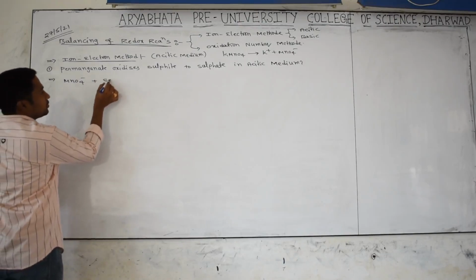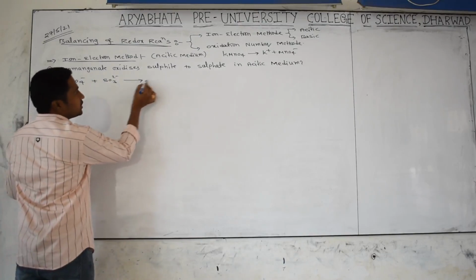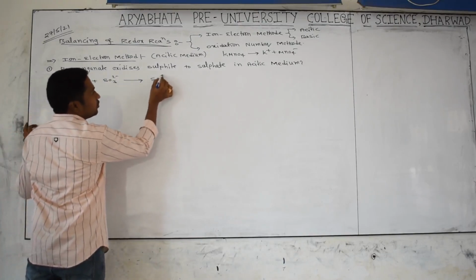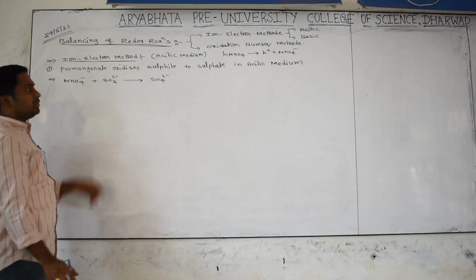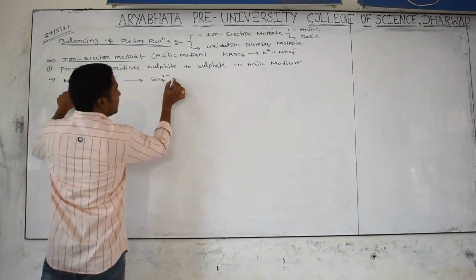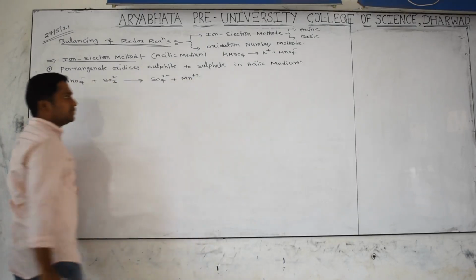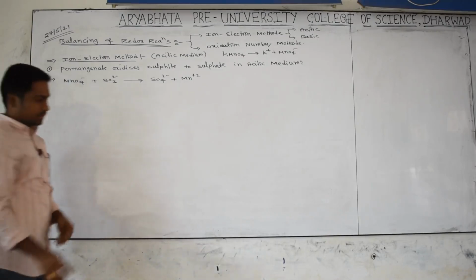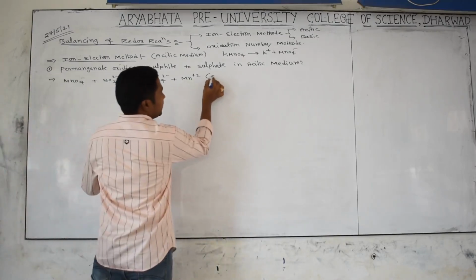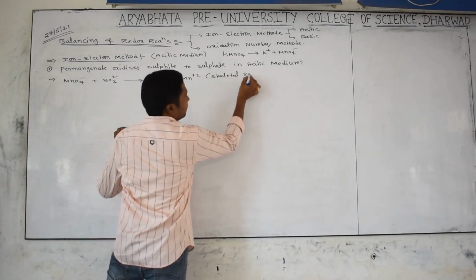Do you know the formula of sulfite? SO3 2 minus. It is oxidized into SO4 2 minus, in acidic medium. Whatever Mn is here will be converted into Mn 2 plus ion. This is the skeletal equation. Write it down beside it.